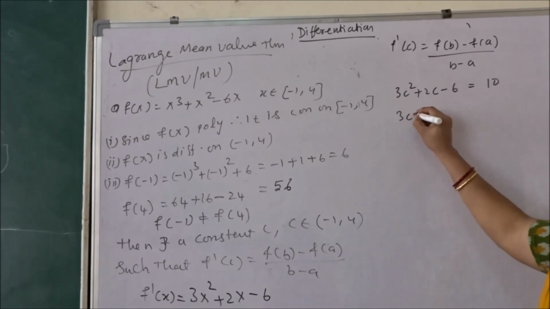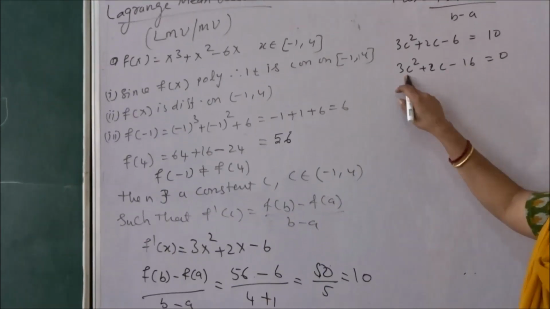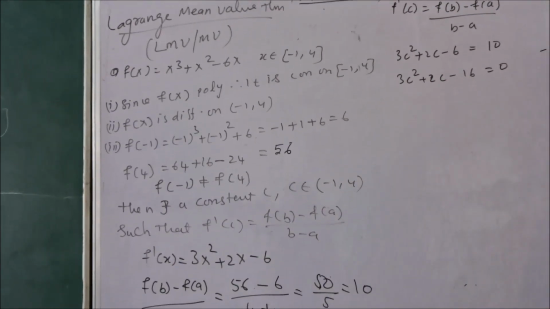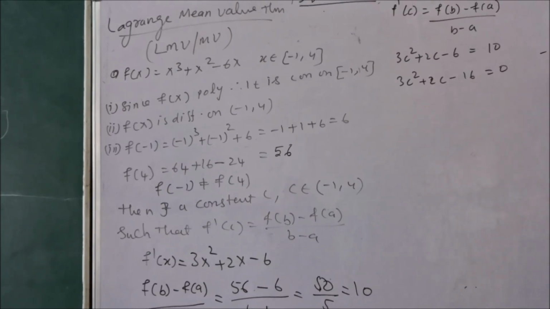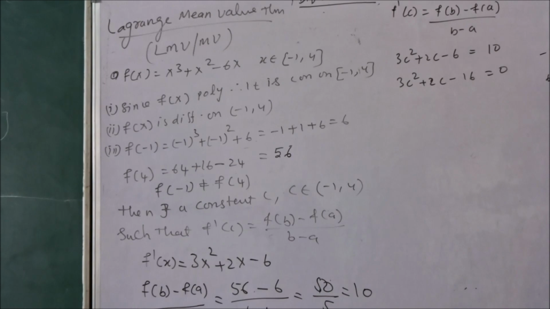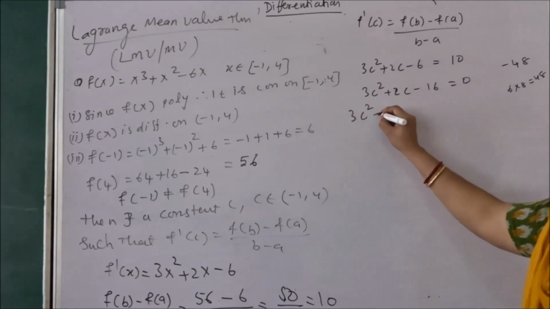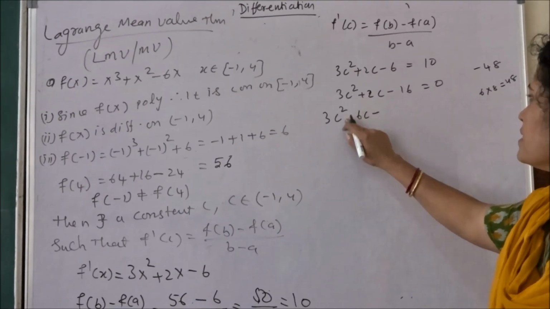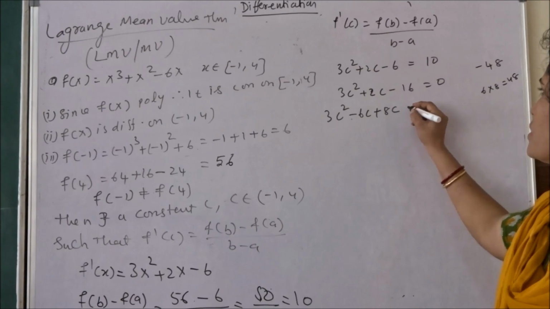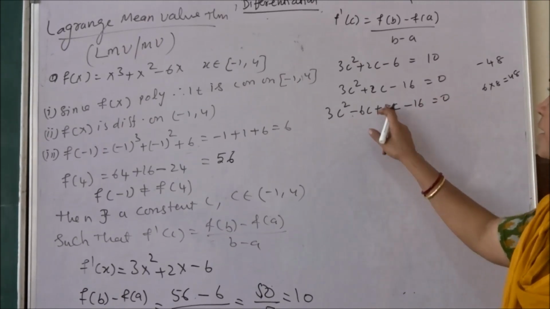That is 3c² plus 2c minus 16 equal to 0. Multiplication is minus 48 and addition is 2, so 6 and 8. So 3c² plus 6c minus 8c minus 16 equal to 0.